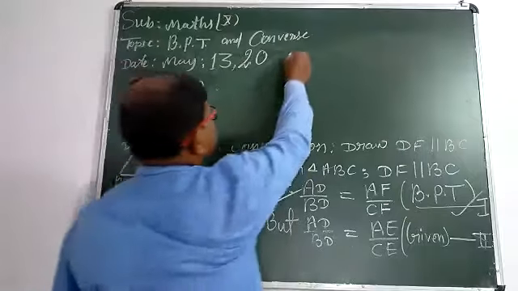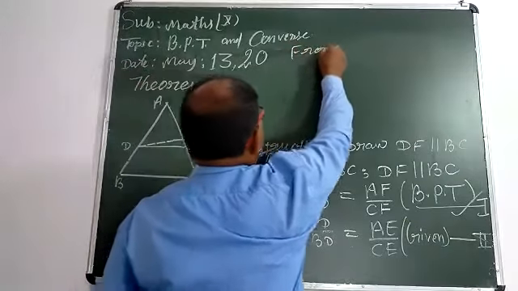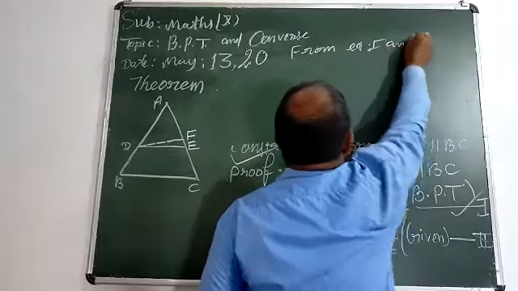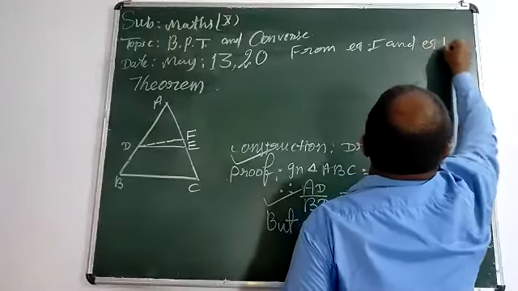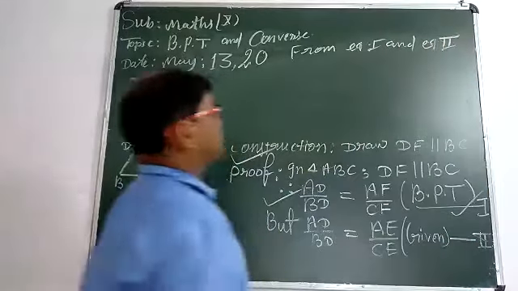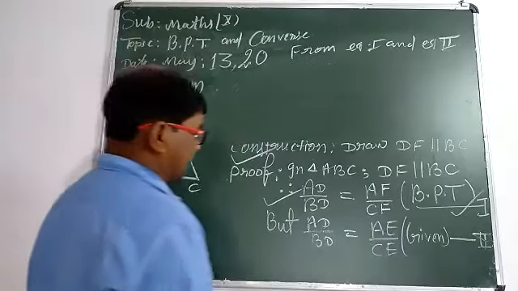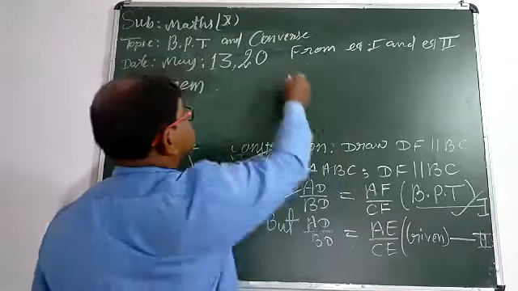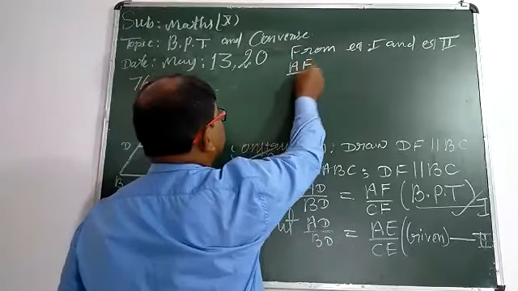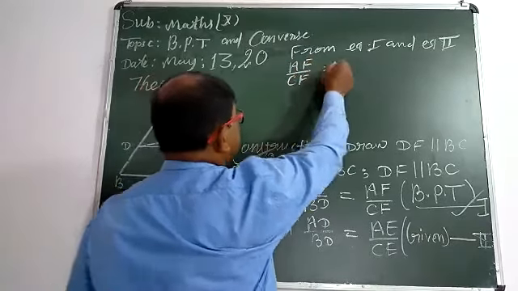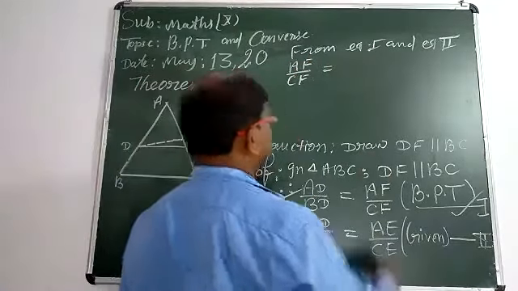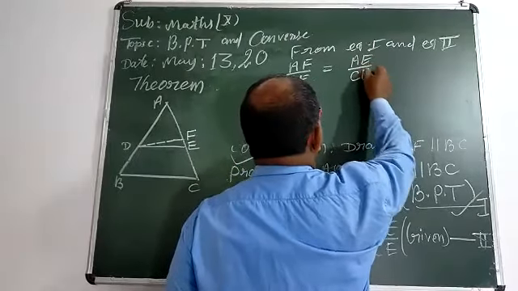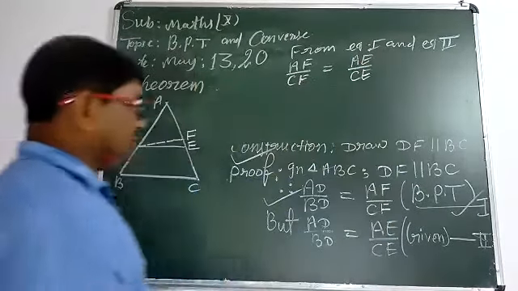From the first equation and the second equation, LHS is equal. We are writing AF upon CF equals AE upon CE. Okay? From the first equation.